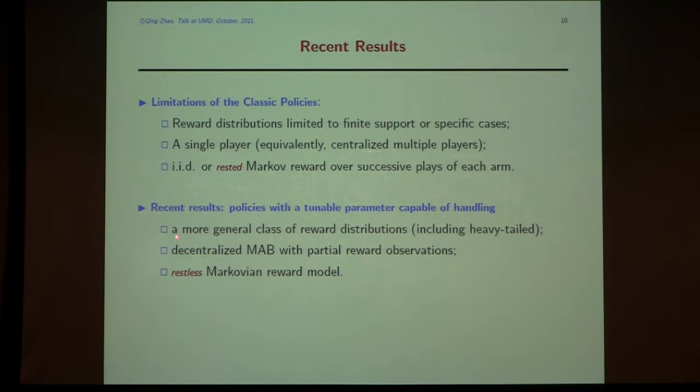So we want to handle a more general class of reward distributions that may not have finite support and may have arbitrary infinite support and arbitrary distribution that may have a heavy tail, which we know often imposes difficulty in learning the mean, because the probability is not necessarily concentrated around the expectation.